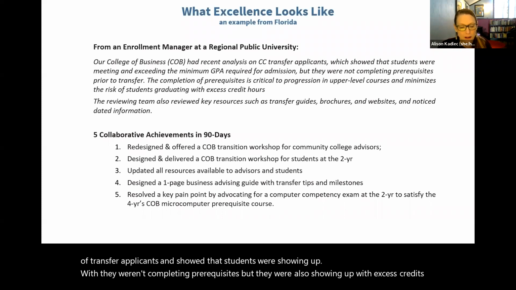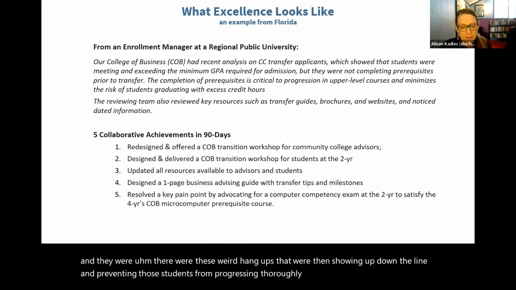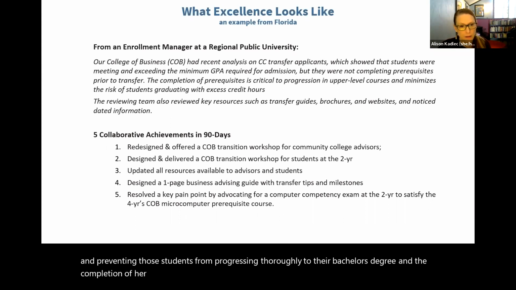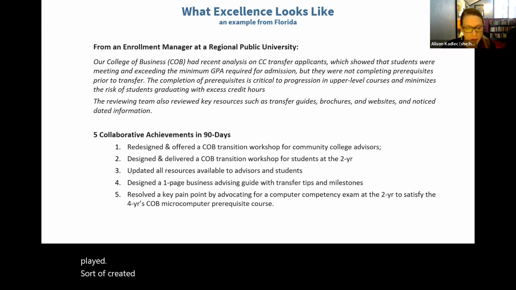And there were these weird hangups showing up down the line and preventing those students from progressing through to their bachelor's degree. The completion of prerequisites is critical, right, for progression in the upper level courses. And they also hadn't really touched a lot of those prerequisite challenges that the college had created and placed for these transfer students.